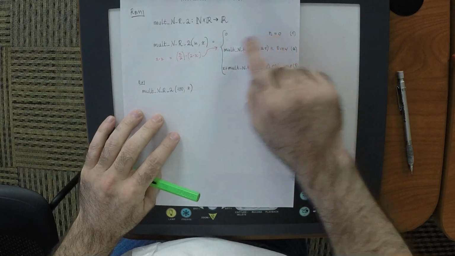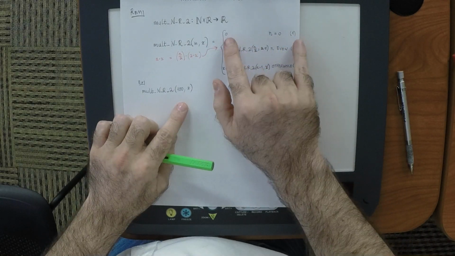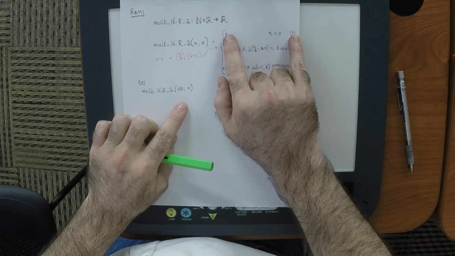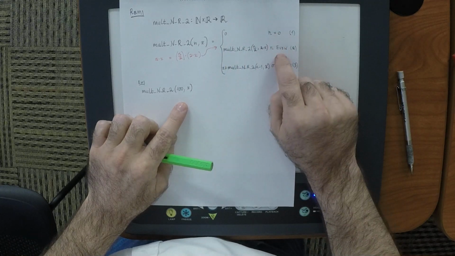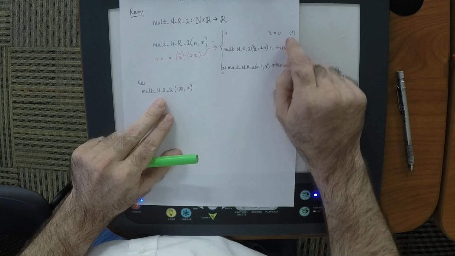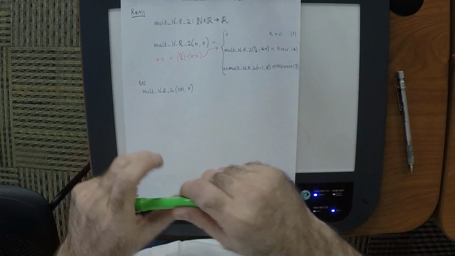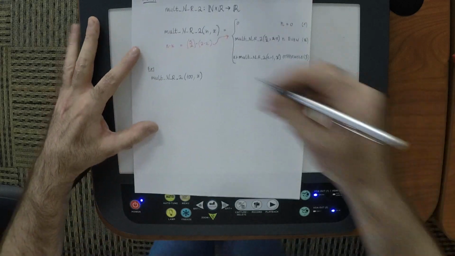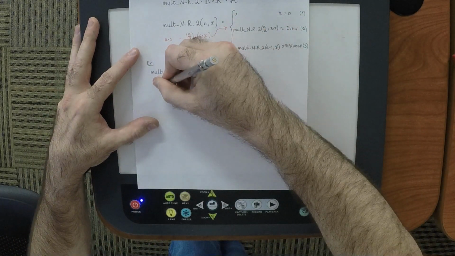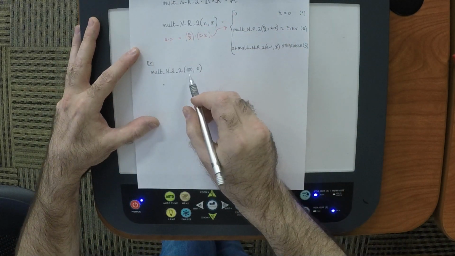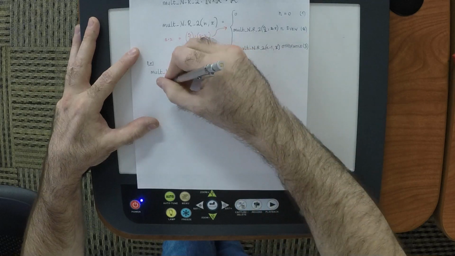Understand, however, that when the first argument is 0, you'll hit the first clause because the first guard is true. The second guard is also true, but you go to whichever clause's guard is true first. So to that end, 100 is even, so I'll use the even clause.